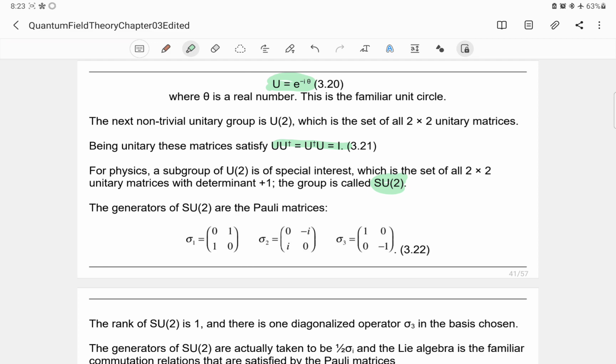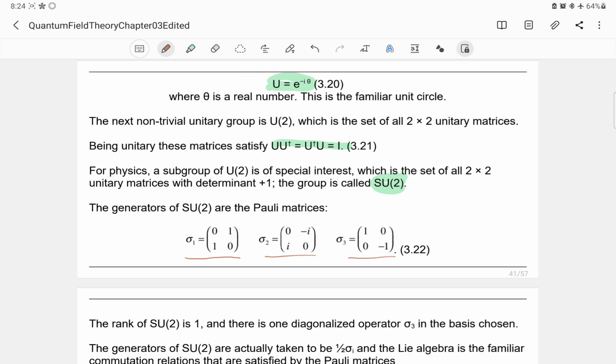And the generators of SU2: you have 2 squared minus 1, that's 3. So there are 3 generators, and these are just the Pauli matrices which you have derived in your quantum mechanics. We will not derive the Pauli matrices here, but you can do so if you review your quantum mechanics. There are famous results in quantum mechanics when you study spin 1/2 particles.